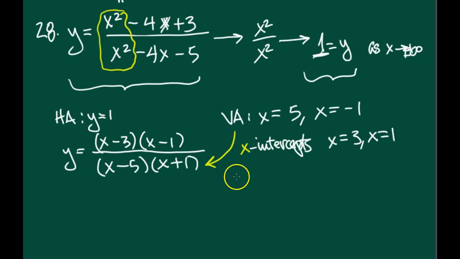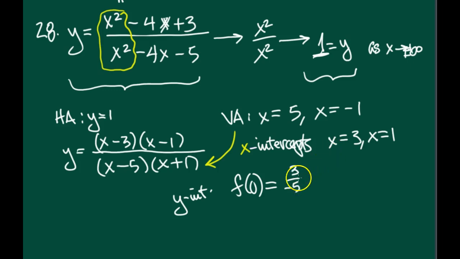And what happens when y is equal to 0? Let's look back at the very top up here for our answer to that. F of 0, that's my y-intercept, is 3 over negative 5.